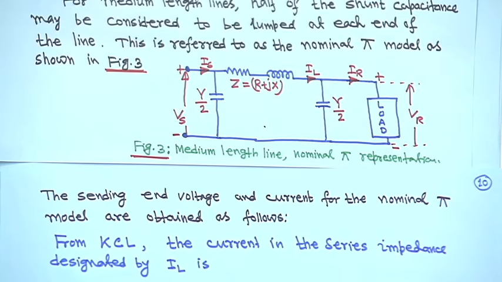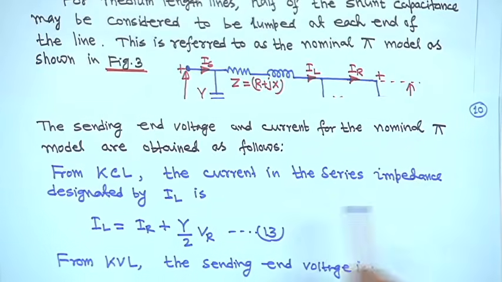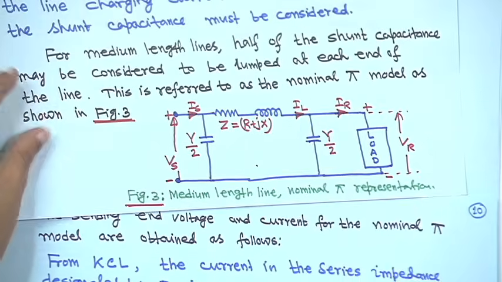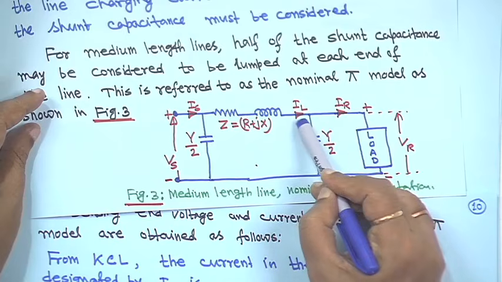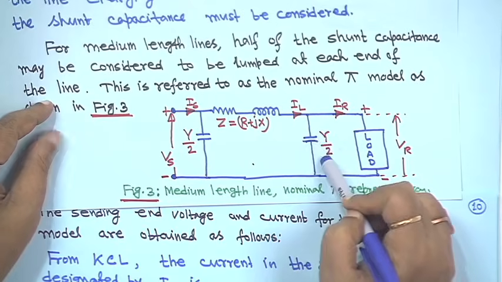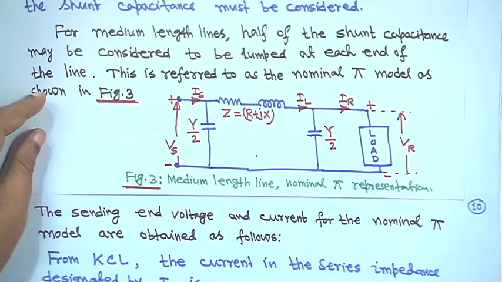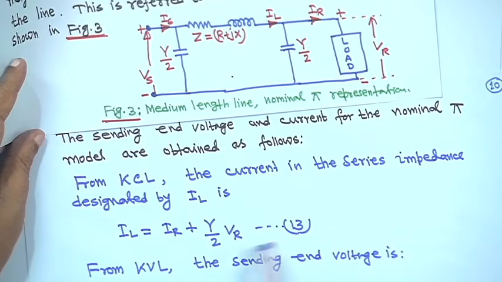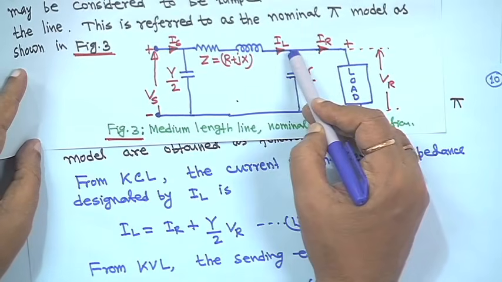From KCL, the current in the series impedance designated by IL is, applying Kirchhoff's law at this point, IL is equal to IR plus the current through the shunt admittance Y by 2 into Vr. So from KCL, the line current IL is equal to IR plus Y by 2 Vr. This is equation 13.